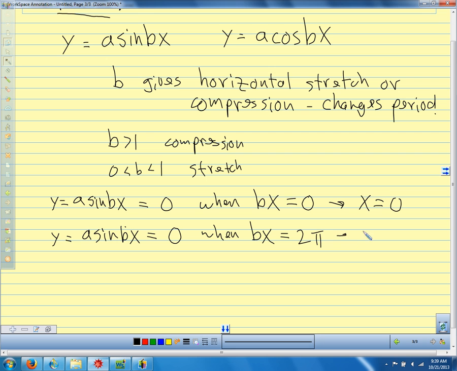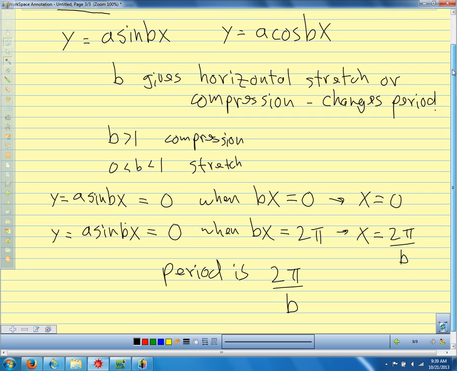So this tells me when x equals 2 pi over b. So this function completes one cycle between x equals 0 and x equals 2 pi over b. So the period is 2 pi over b.